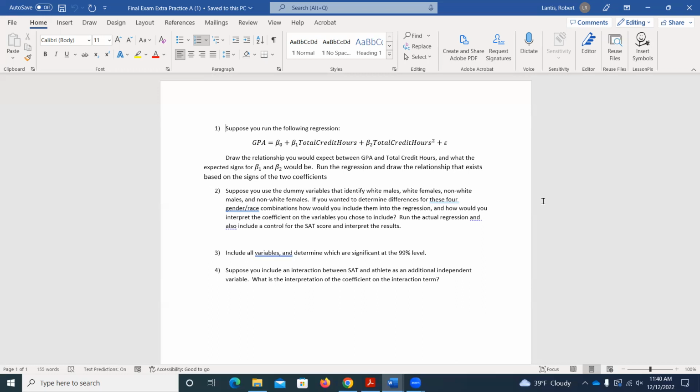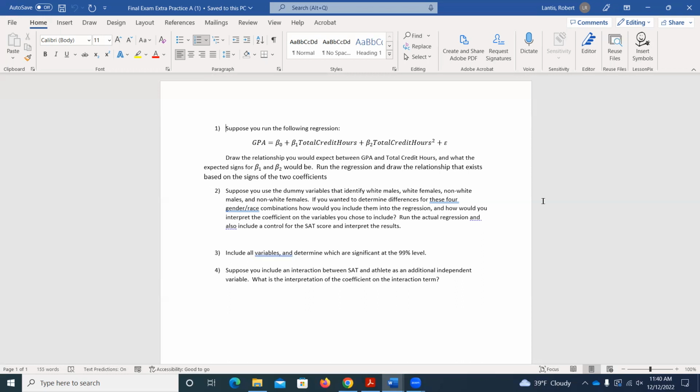But for the athlete, what would get added in? Well, SAT score is 0, but when it's a student athlete, this becomes a 1. We would actually get the intercept plus whatever this coefficient is, which here would have to be what? Starting out at a lower point, negative, right?